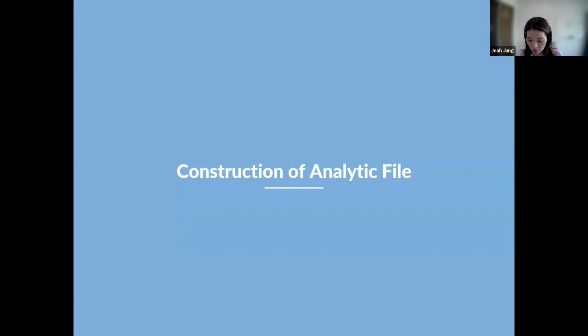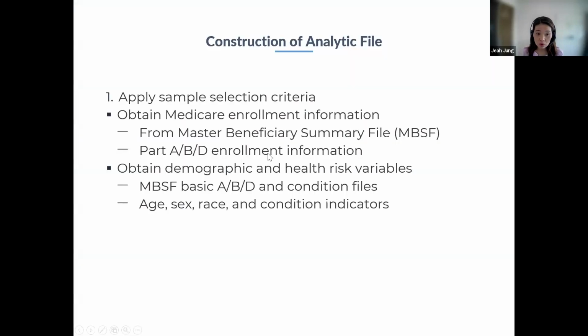How do we construct the analytic files? What's the first step? Same, we want to apply sample selection criteria. First, we use the MBSF file, and then we apply some coverage restrictions, probably excluding ESRD as well. Just some coverage requirements, and then we also get some demographic and health risk variables from the MBSF file.